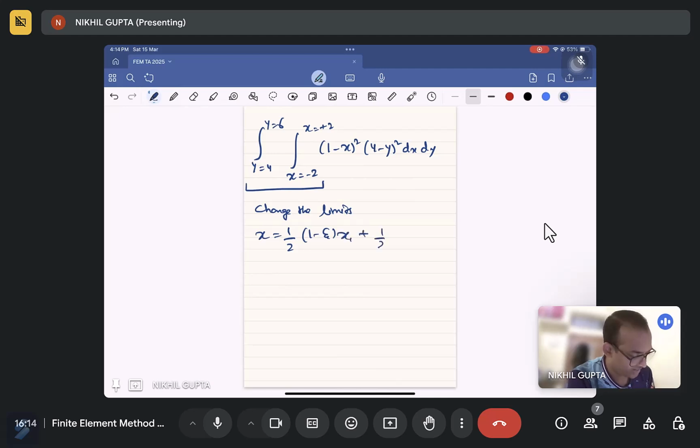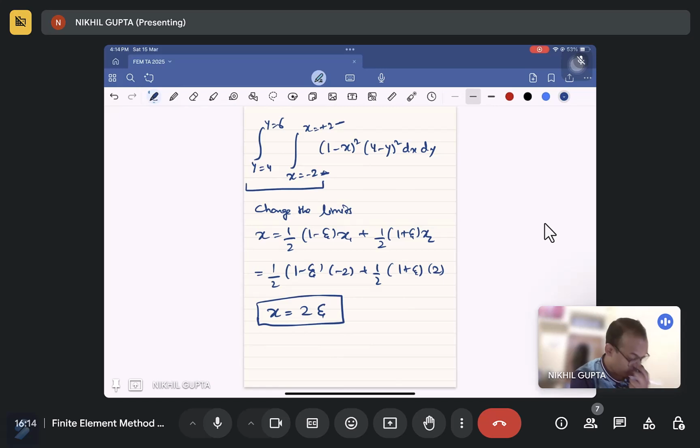I'll directly write it. Now x1 and x2 are known as minus 2 and plus 2. So we'll put 1 by 2, (1 minus xi) into minus 2 plus 1 by 2, (1 plus xi) into plus 2. When you solve it, you will get this.